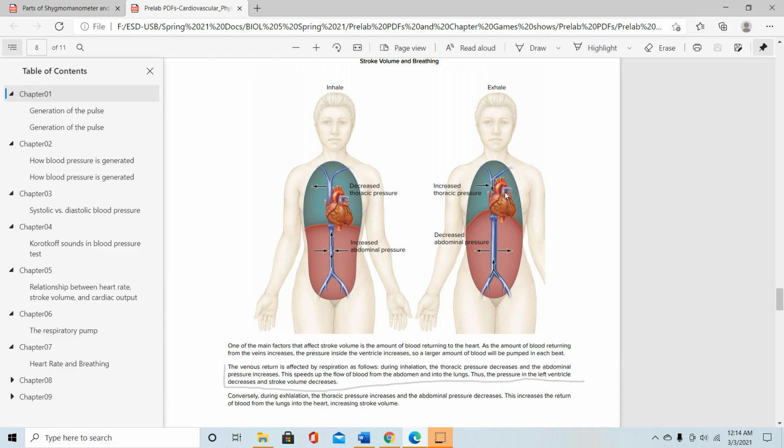That means first in the left atrium and then to the left ventricle, and so the left ventricle has more expansion and more force of contraction, and it expels more blood. That's why during exhalation stroke volume is increased, which is earlier helped by inhalation because it brought more blood to the right heart and to the lungs.